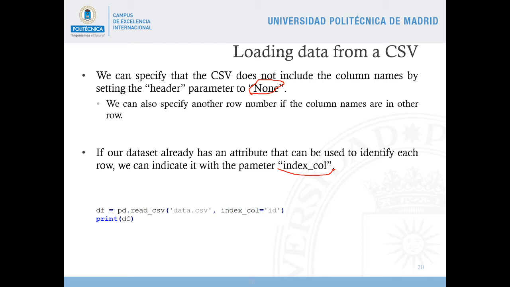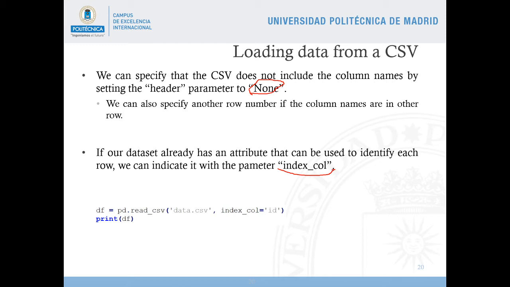What is the difference between header 0 and header none? Okay, with header 0, you are saying that your dataset has the names of the columns in the first line, but you want to replace those names. But header equal to none, you are saying that your dataset has no names for the columns.